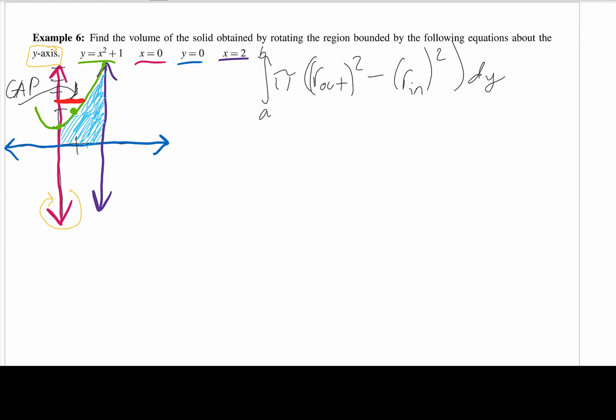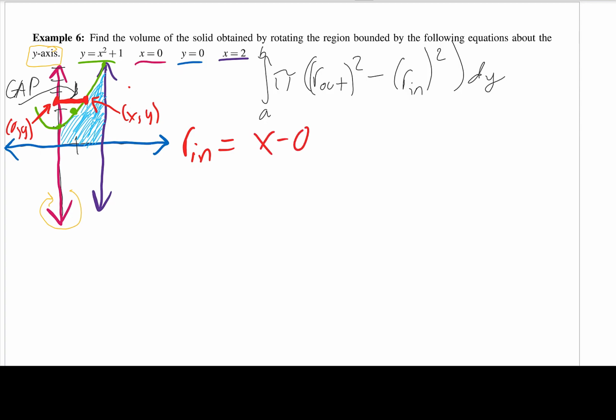Another way of saying that, this is going to be some point x comma y. This is some point 0 comma y. So the difference is going to be in the x values. So we'll want r in is equal to x minus 0.